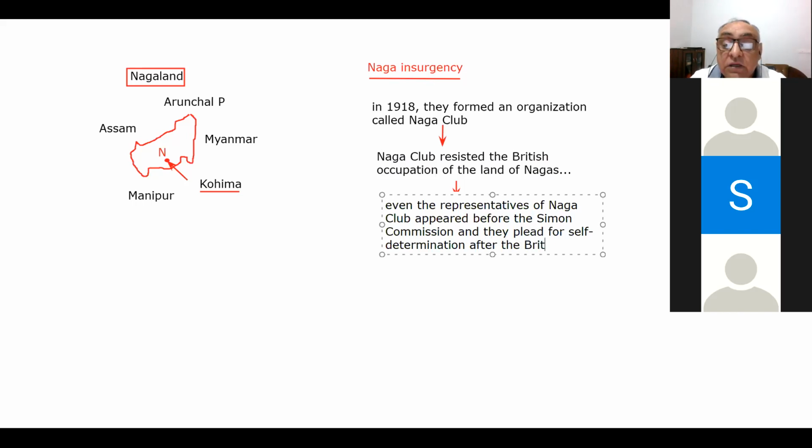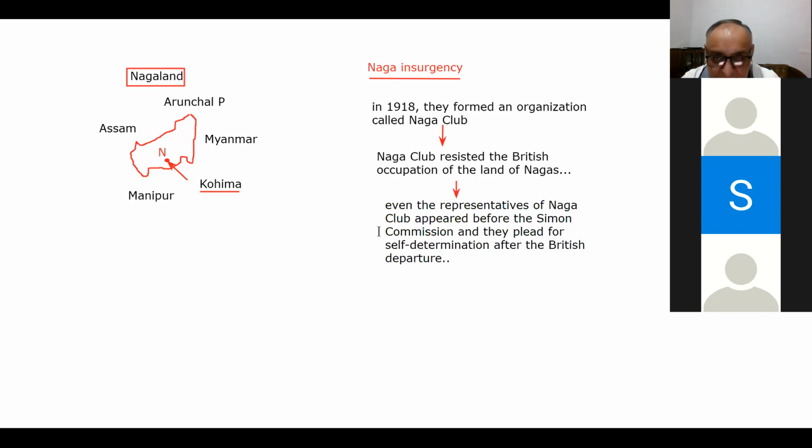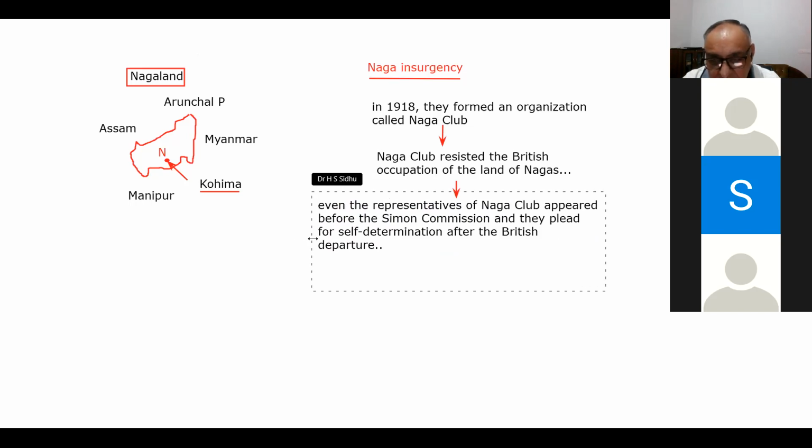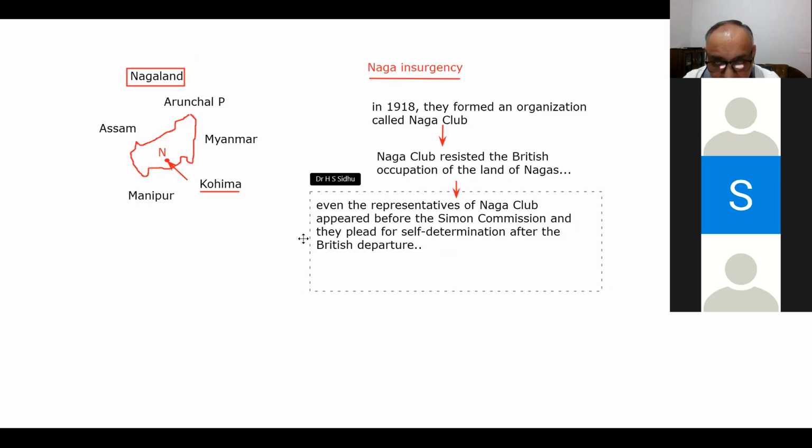वो कहते कि जब अंग्रेज भारत को छोड़ के जाएंगे तब हमें सेल्फ डिटर्मिनेशन का राइट जरूर दे देना कि हम अपना खुद सोचेंगे, कि हमने क्या करना है, हमने भारत में रहना है या नहीं रहना, हमें इंडिपेंडेंट कंट्री चाहिए या नहीं चाहिए. सो साइमन कमीशन के सामने भी उनकी स्टेटमेंट यही थी, it means they never admitted to be with India, right?